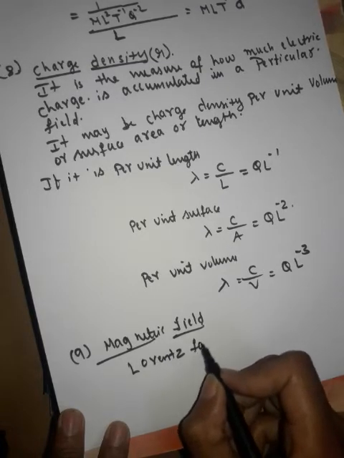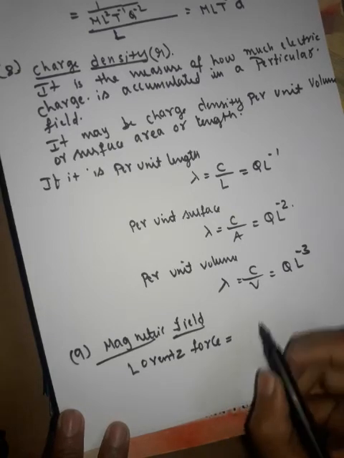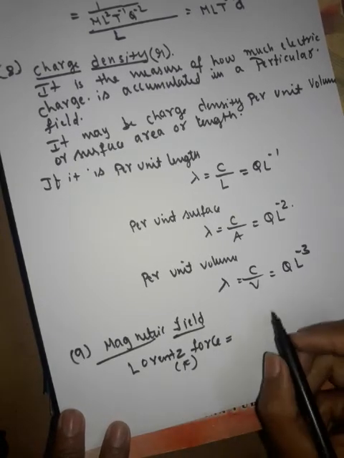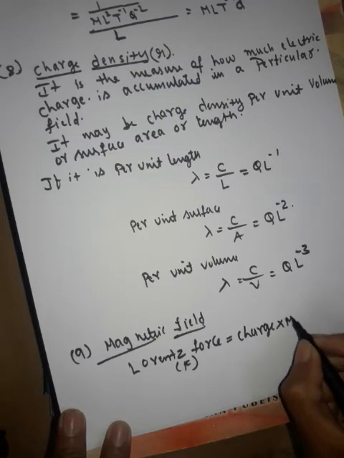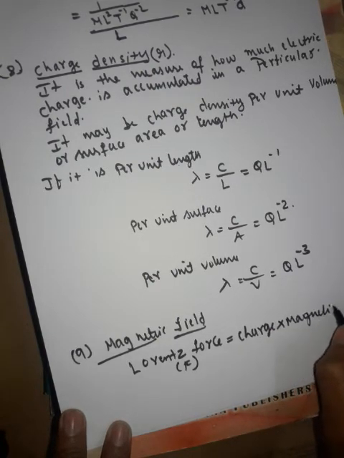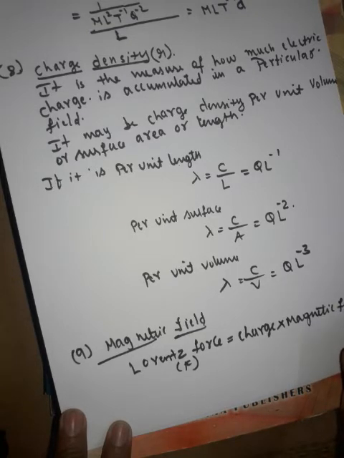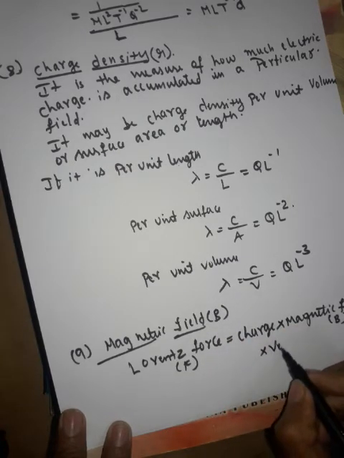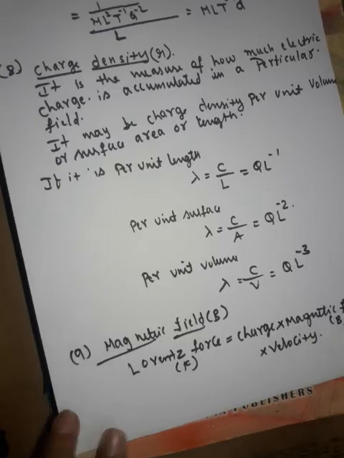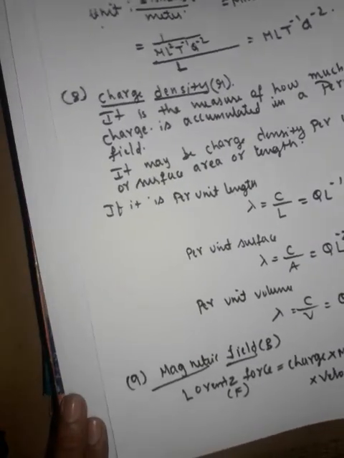Lorentz force is equal to, that is F, charge into magnetic field, that is B, into velocity. This page is over, let me write in the next page. Into velocity, it is, no, can I write like this?